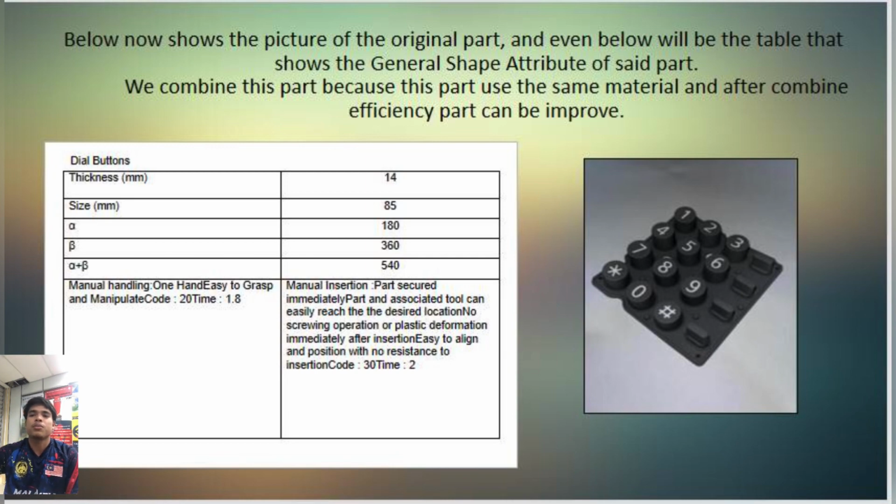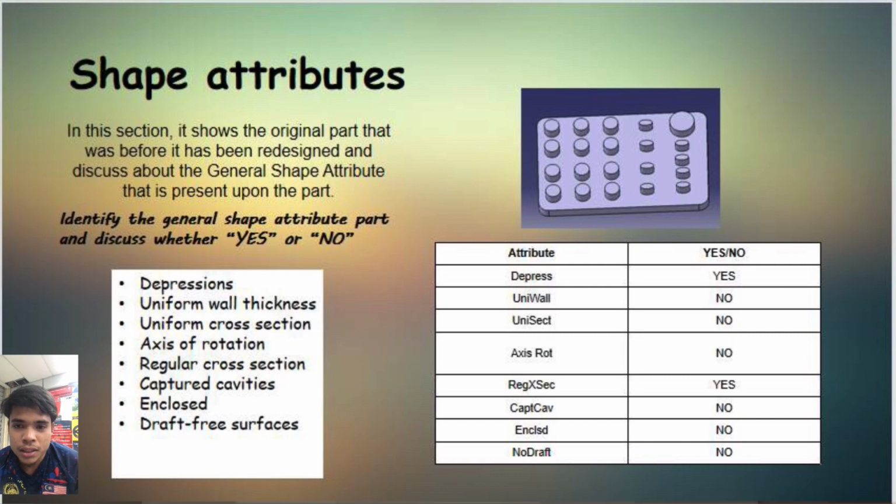And then shape attribute. In this section, it shows the original part, what it was before being redesigned, and discusses the general shape attributes present upon the part.